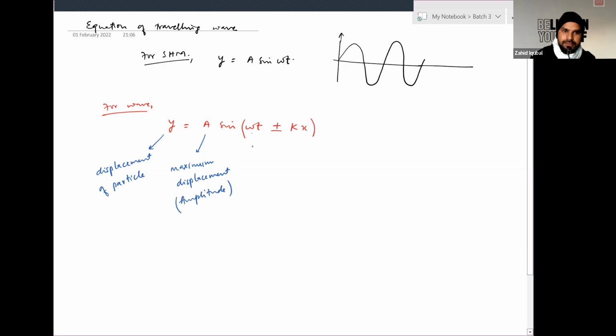Next is omega, angular velocity. So it will be equal to 2 pi by T or 2 pi into frequency. Next is k, angular wave number. So k is 2 pi by lambda.